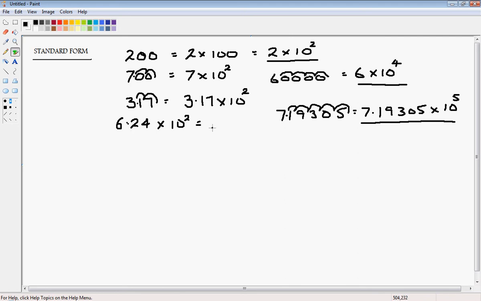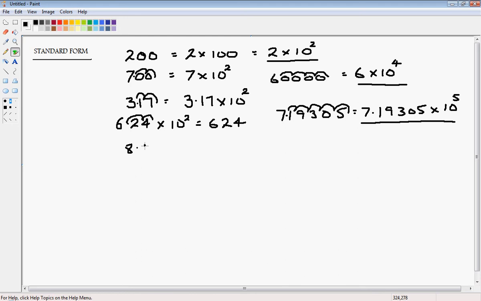This is a real number, but what would it be as a whole number? Well, my decimal point is just going to move the other way twice, so it goes once, twice. So I will get 624.